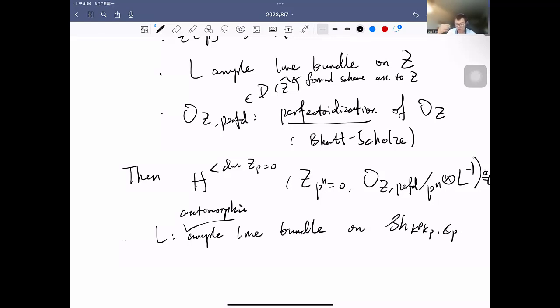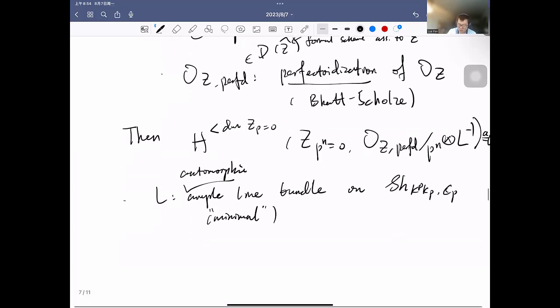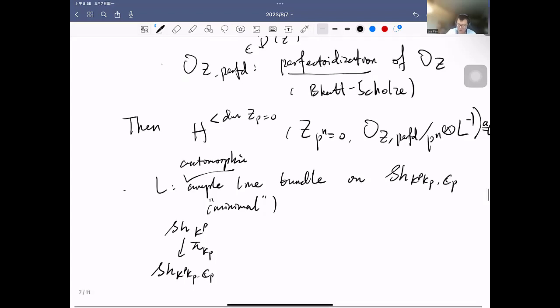Actually, there are a lot of choices. If you start with one, you can take its power. So in practice, we will take the minimal one, as minimal as possible. And then we have this infinite level Shimura variety, which projects onto the finite level one. Let me call this map pi_K_p.